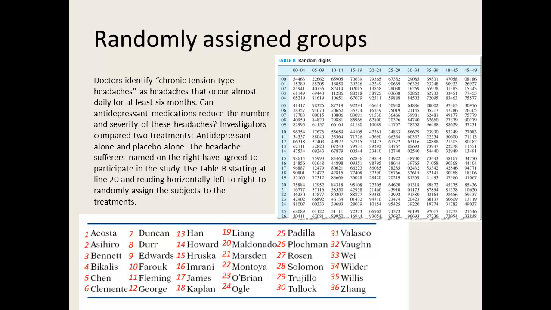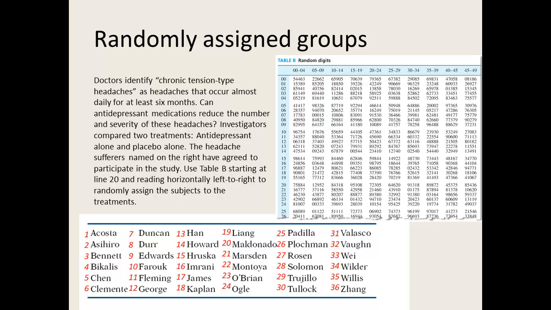When the number is valid, that is, when it is from 1 through 36 and hasn't already been selected, mark the participant. Continue finding valid numbers until half the participants have been chosen. These 18 participants will be in the antidepressant alone group. The remaining 18 will be in the placebo group.